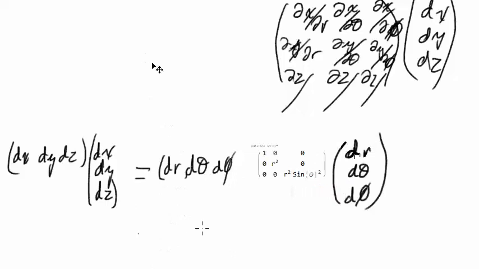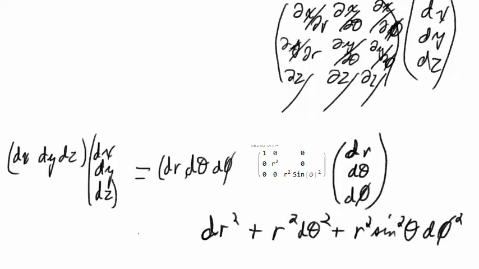That comes out to dr times 1 times dr, so dr squared, plus r squared d theta squared, plus r squared sine squared theta d phi squared.